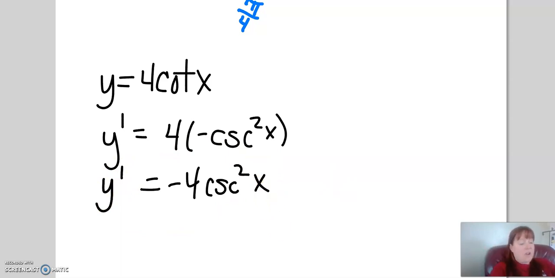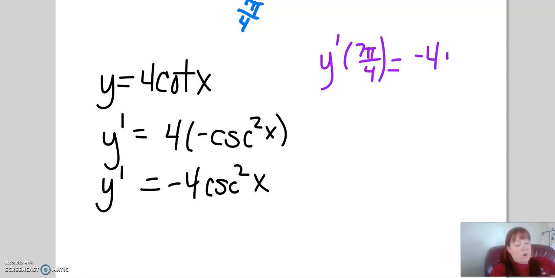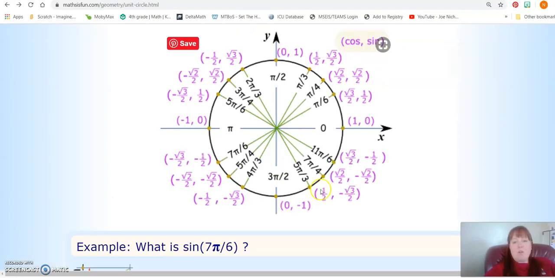So this gives us a function for the slope, and we plug in a value for x to get the slope at that exact point. What's our value for x? It's 7 pi over 4. So y prime of 7 pi over 4 equals negative 4 cosecant squared of 7 pi over 4. What is the cosecant squared of 7 pi over 4? Again, let's look at our unit circle.